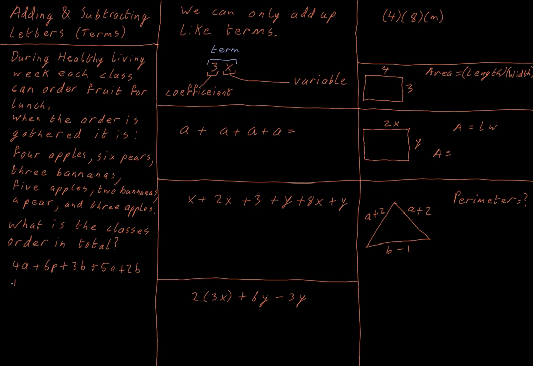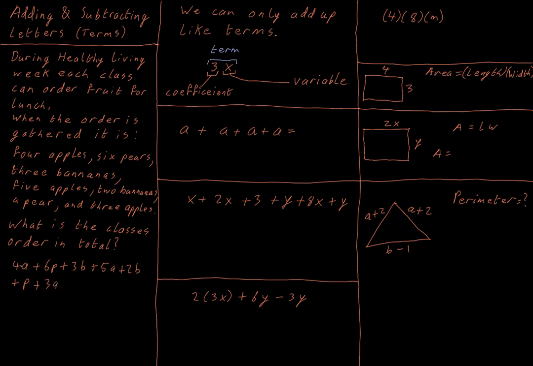We could write down 1 pear, but the shorthand way of doing it is just to write down P for a single pear. So you can write down 1 in front of your letter to mean one of something, and that's fine. You won't lose any marks for it. But what you will see as we go forward is that this is an abbreviation, a shorthand way of saying I've got one of something. I just write down P for a pear. And then I have 3 apples.